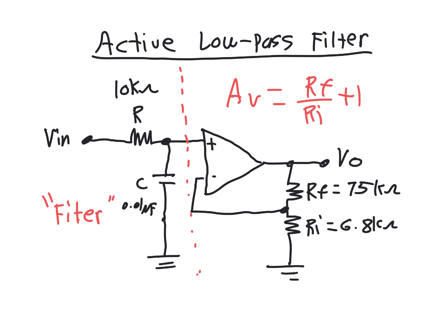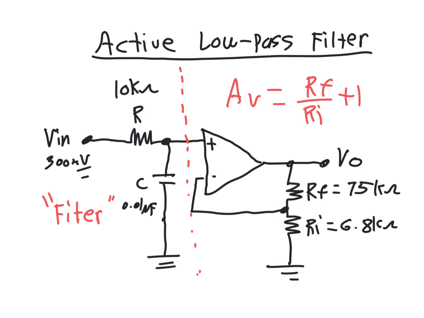All right, so let's just go ahead and calculate the critical frequency and the output voltage. So let's let Vin be 300 millivolts, and we won't worry about whether I mean RMS or peak or whatever.